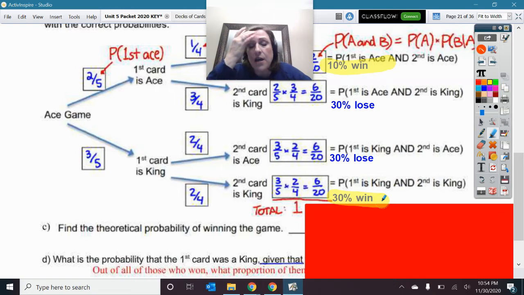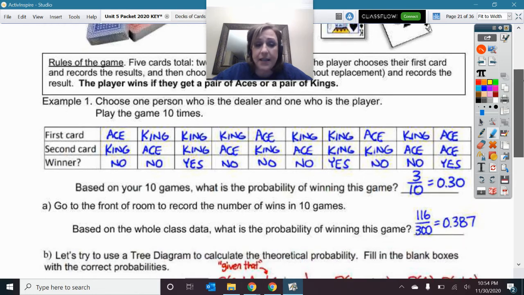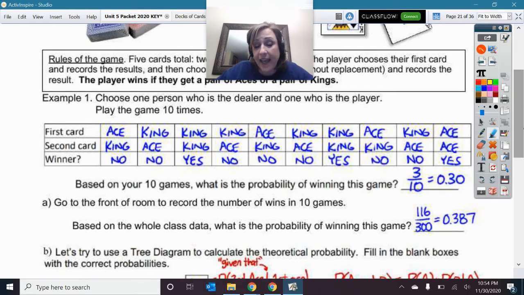So I can see that theoretically, 40% of the time I should win, and 60% of the time, the other 2 parts, I should lose. So in theory, that's what should happen. And what did we get? Well, when we just did our 10, we got 30%. But look, as we got more trials, many, many trials, the cumulative probability, what is that?